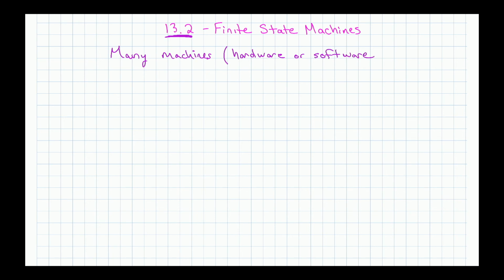So we're using that word machines a little bit loosely compared to how you may have used it in the past. But many machines, hardware, software, can be modeled with a structure that we call finite state machines.